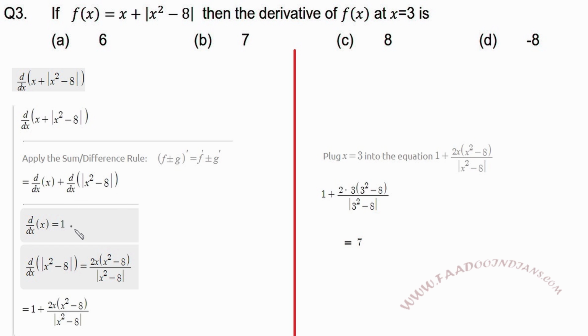For the modulus of x square minus 8, by solving it, we'll get 2x into (x square minus 8) over modulus of the same function. And when we add both things, it is this. Now we'll plug 3 into the equation, and this is simple. We'll just put the values, and after solving it we get 7.